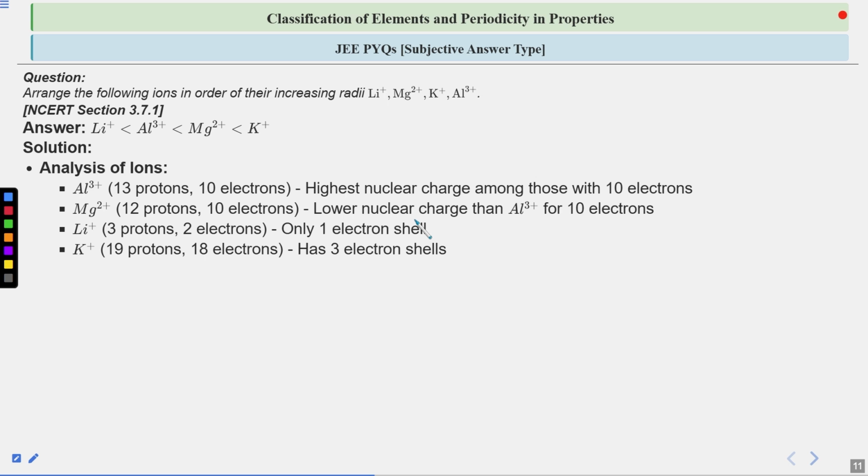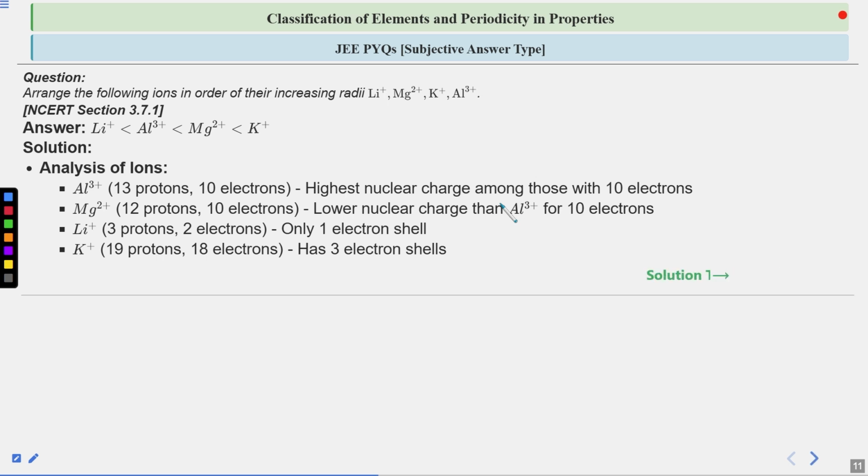So 3 shells are present here. Why? Because potassium falls in a region where there are 3 energy levels possible. But magnesium 2 plus and aluminium 3 plus are not in accordance with that. I hope you are getting the point, right? So you have to consider both factors, your shells and your nuclear charge.